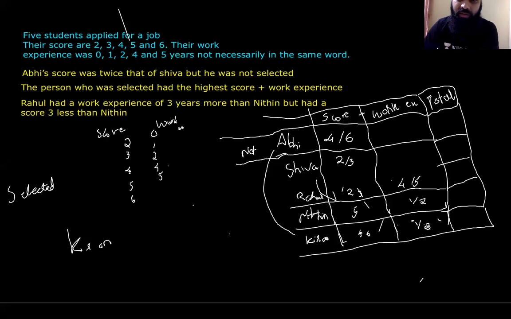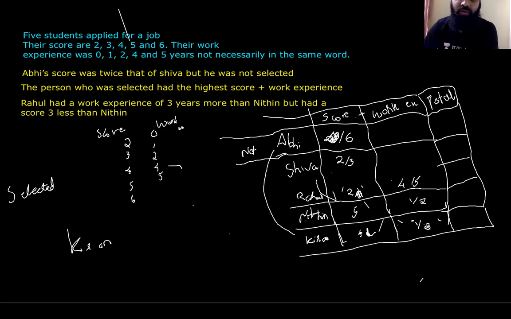So Rahul will have a score of 2. If Rahul has a score of 2, that means Kiran will have a score of 4, because Kiran has double. That means Abhi will be having a score of 6.